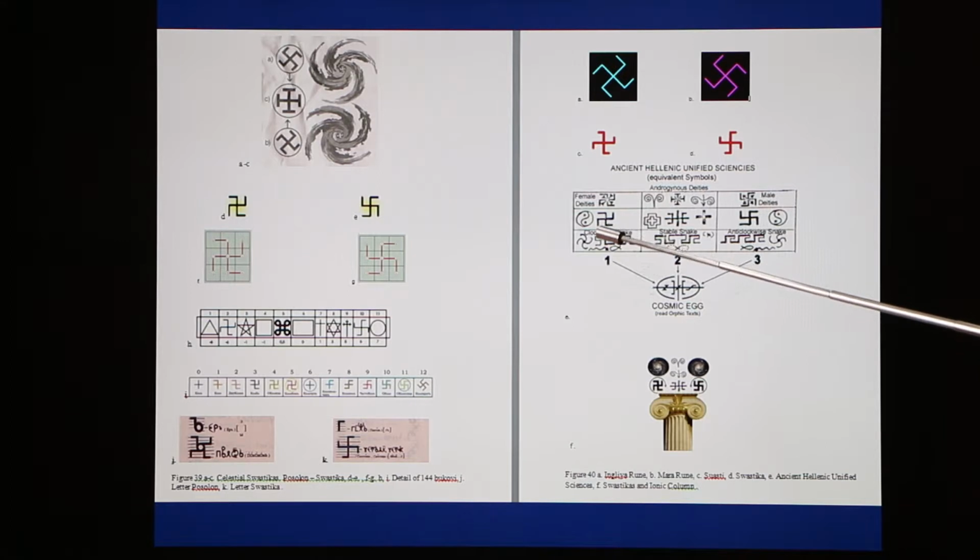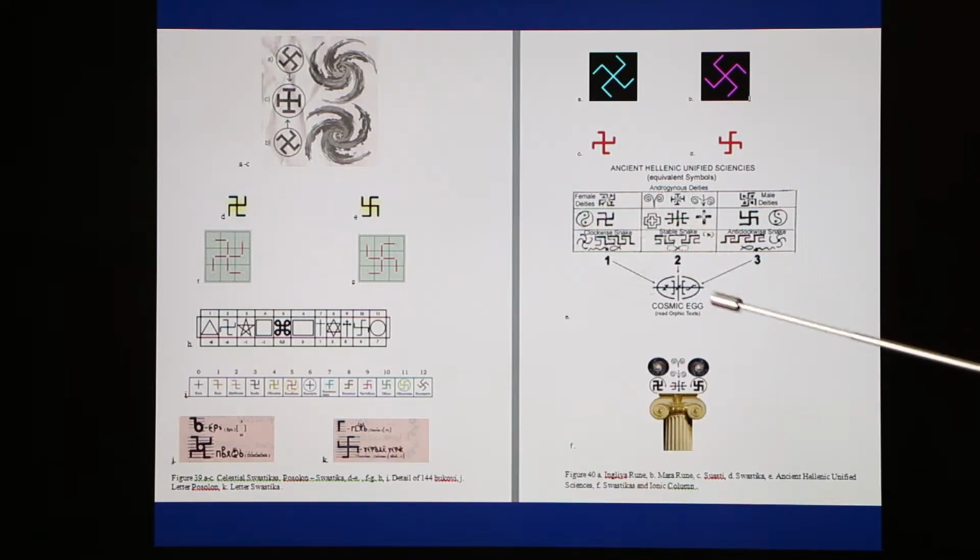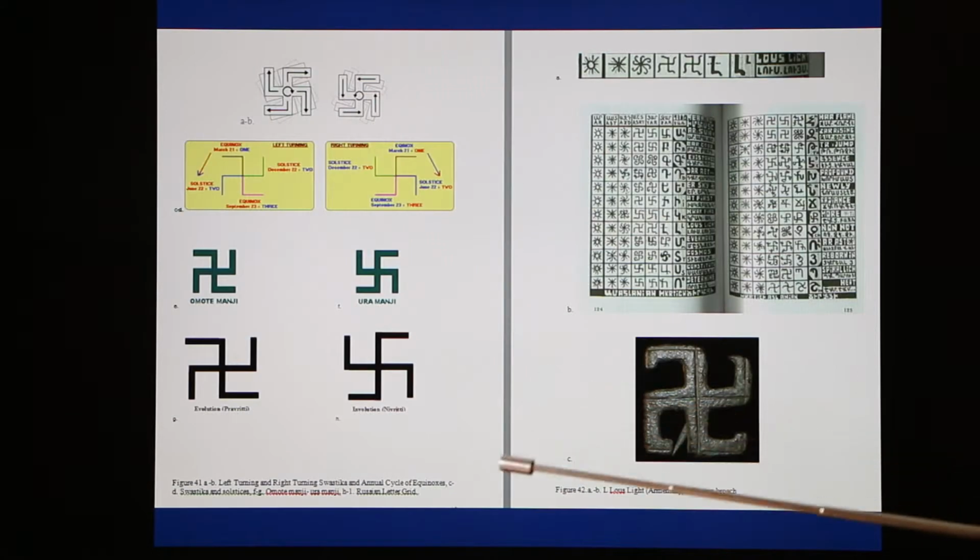I go to Greece, and I link this one to the female and this one to the male, creating different kinds of meander patterns. I combine them to create the cosmic egg and then put them together here in ionic column.